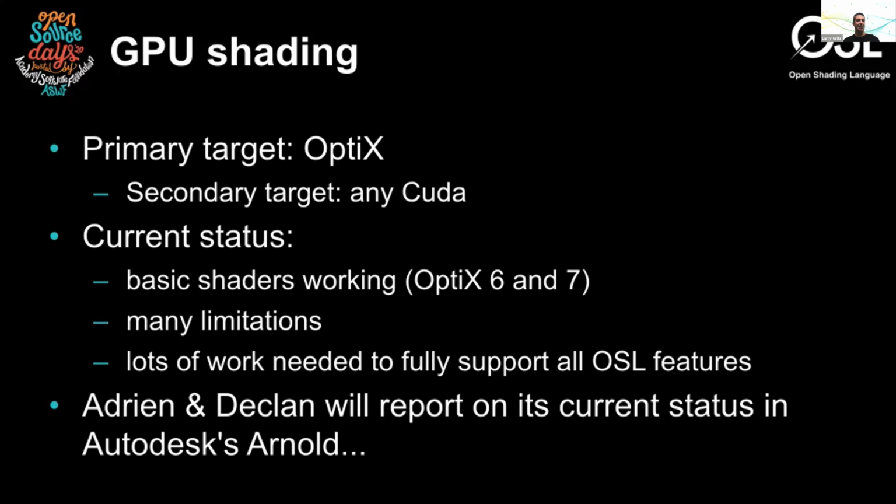And so that is the primary target right now for direct GPU support of OSL. Currently we have quite a bit of it working. A lot of basic shaders just work with both OptiX 6 and 7, but there is not complete support of everything you can do in OSL. And in fact, there's a lot of work that we still need to do to really support it all well. This is an ongoing project.